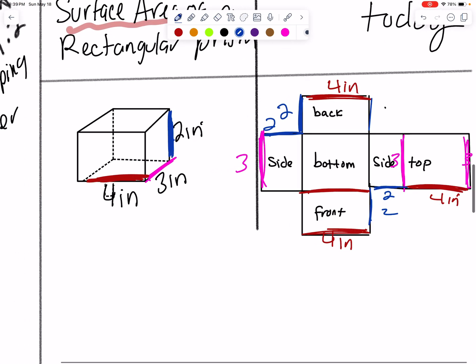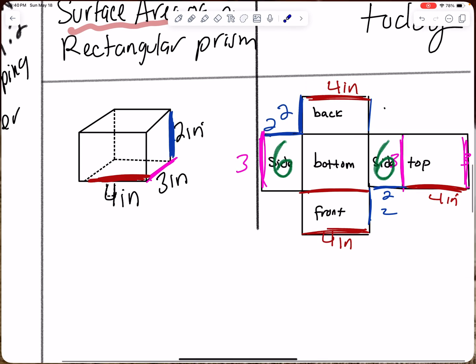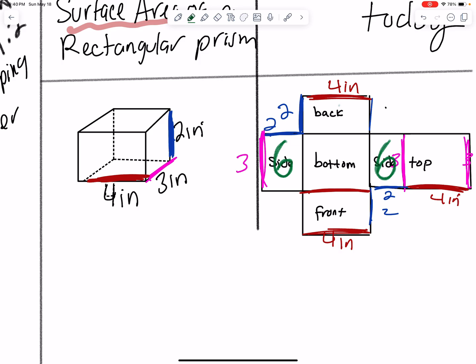To find the surface area of something like this, you've got to cut it into 1, 2, 3, 4, 5, 6 different rectangles. The area of a 2 by 3 is 6, which means this is also 6. The area of the back and the front is a 4 by 2, which is 8, and this is also 8.